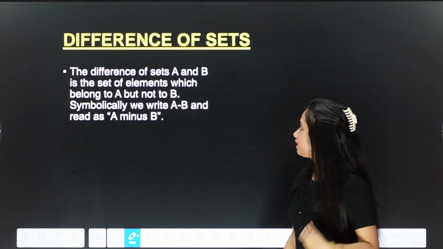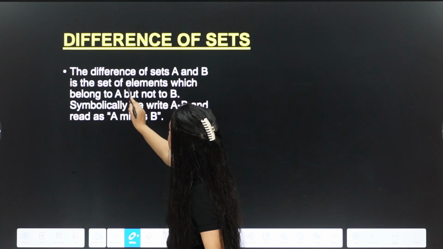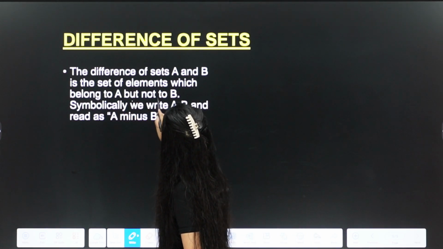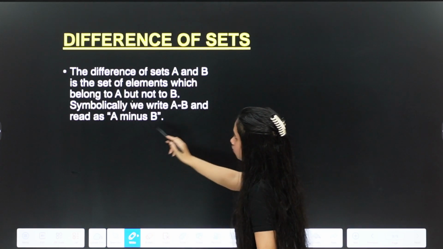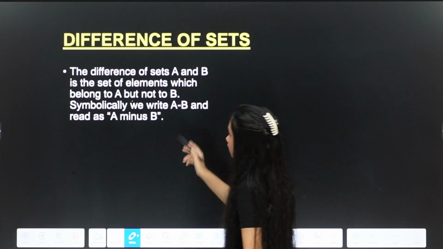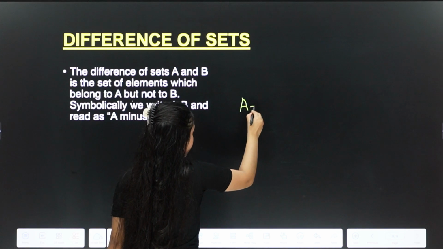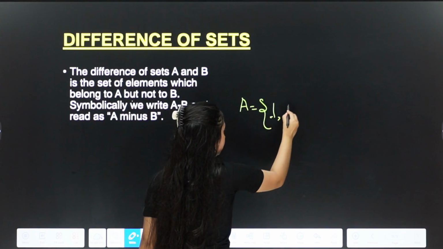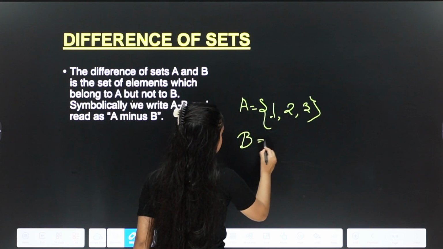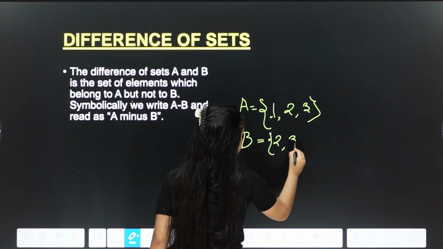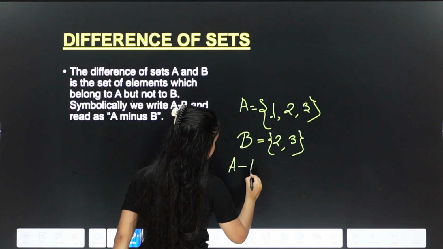So our last topic is difference of sets. The difference of sets A and B is the set of elements which belongs to A but not to B. Symbolically, we write it as A minus B and we read it as A minus B. For example, if we take A is equal to 1, 2, 3 and B is equal to 2, 3, then what will be A minus B?